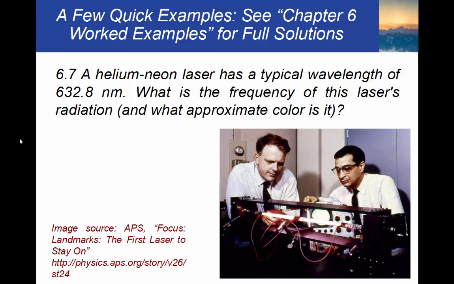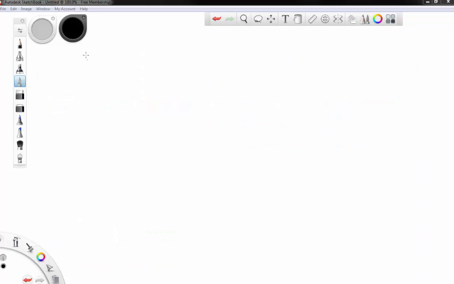So a helium neon laser has a typical wavelength of 632.8 nanometers, red basically, and you can kind of see it glowing a sort of reddish color in this photo. What is the frequency of this laser's radiation, and what approximate color is it? Well, you can see that it's red from looking at the photo. The question though is also, what frequency is this?